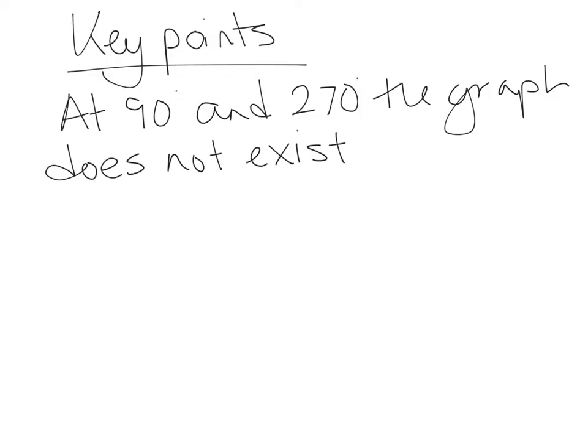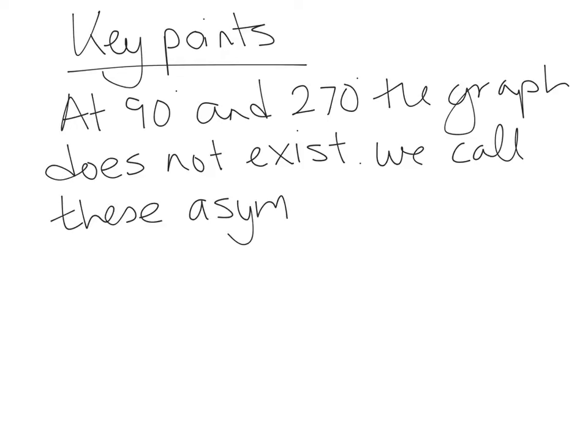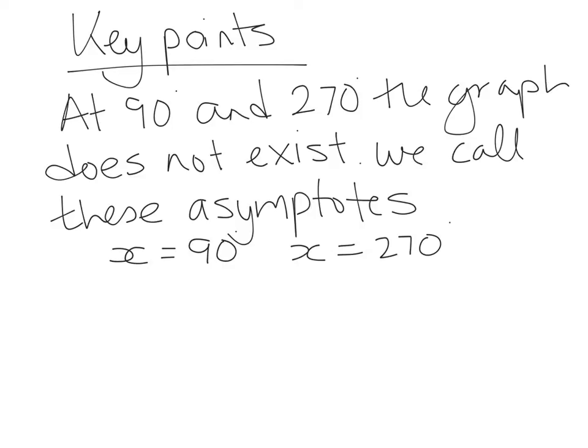So there are no y values that correspond to an angle of 90 or 270 when you're dealing with tan. We call these asymptotes. Okay, so we call those lines x equal to 90 and x equal to 270 asymptotes. Or we could have said theta equal to 90 and theta equal to 270.